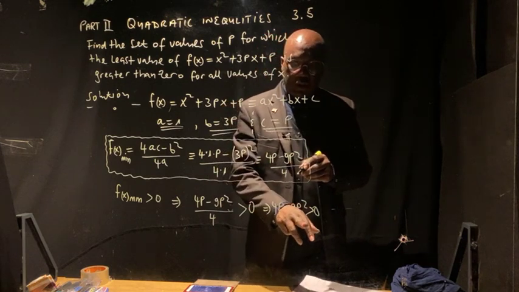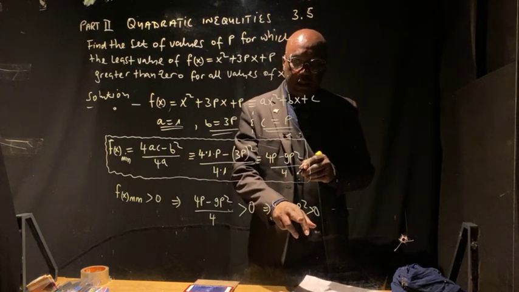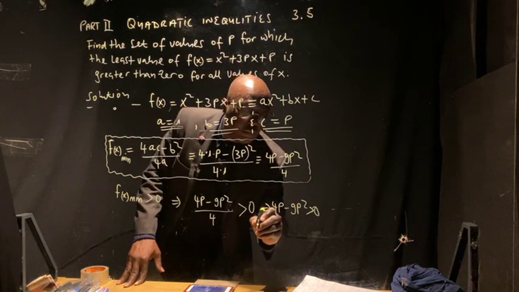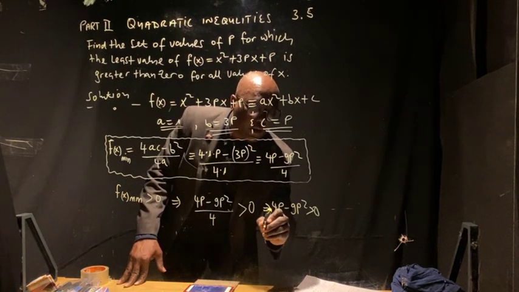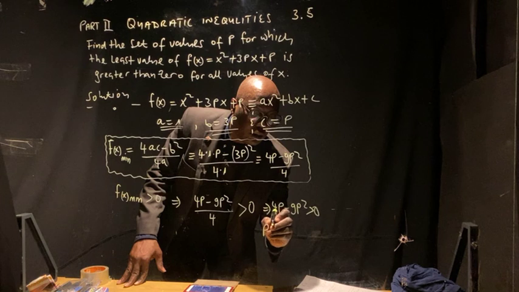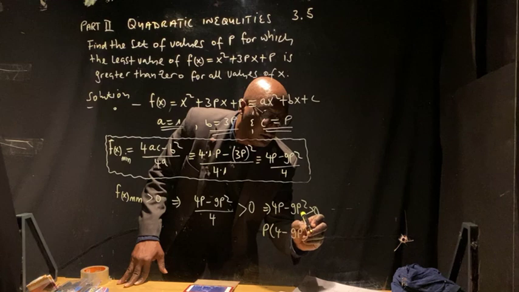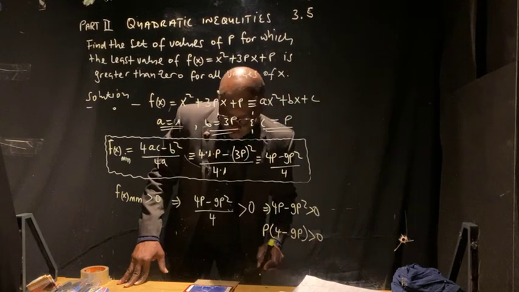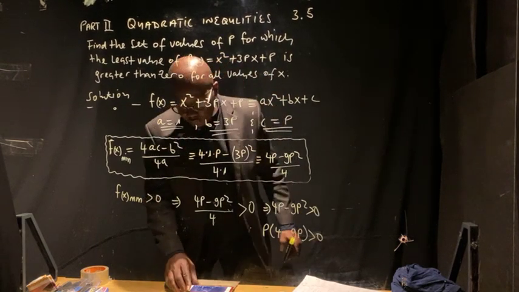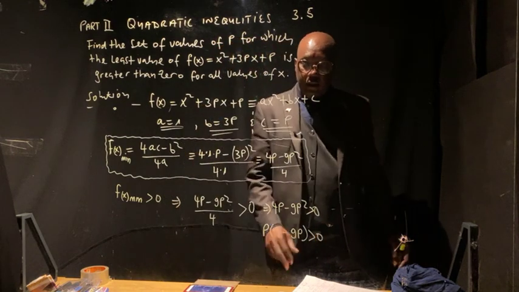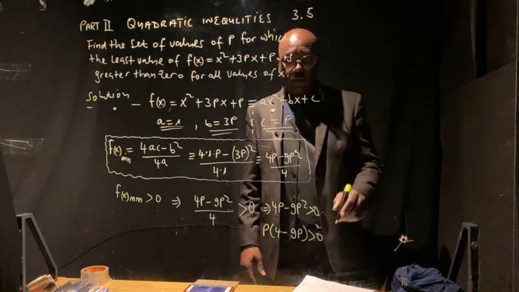Picking up this equation and factorizing the p outside, we will have p times 4 minus 9p greater than 0.